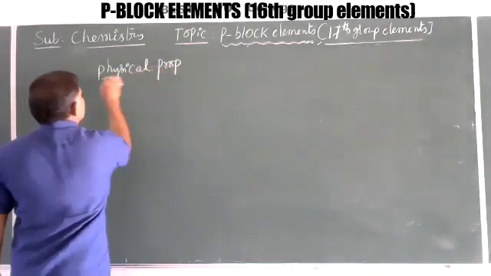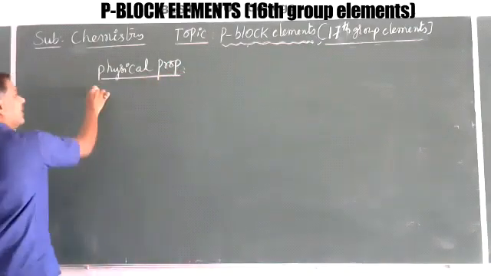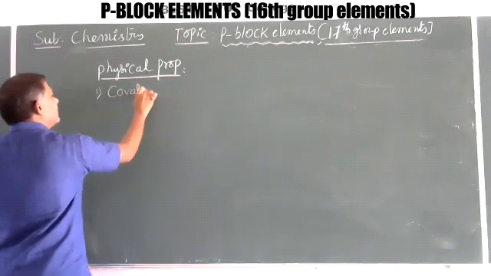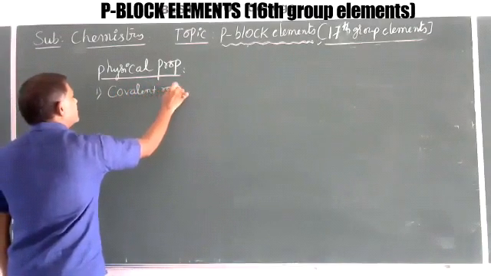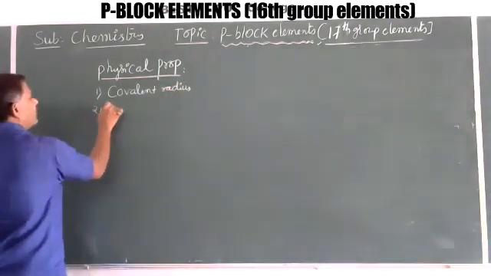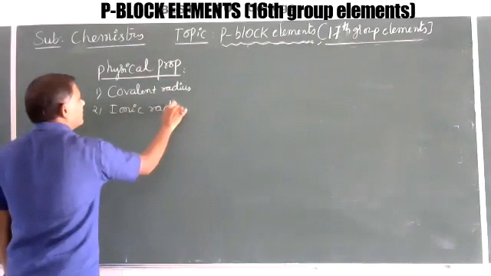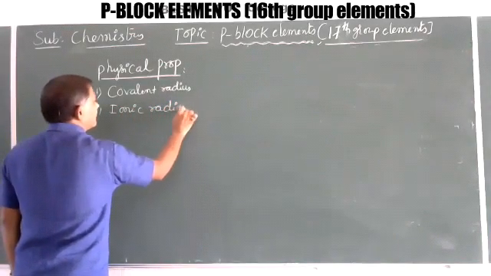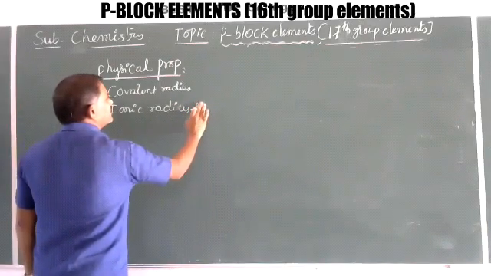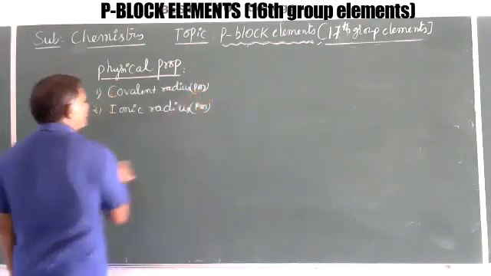Physical properties of 17th group elements. One is radius: covalent radius and ionic radius, both in pm.